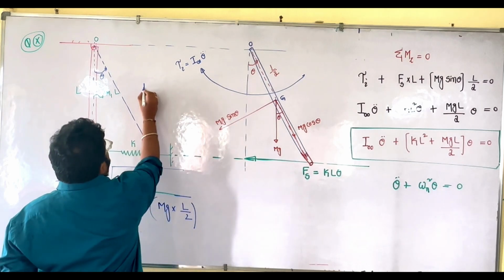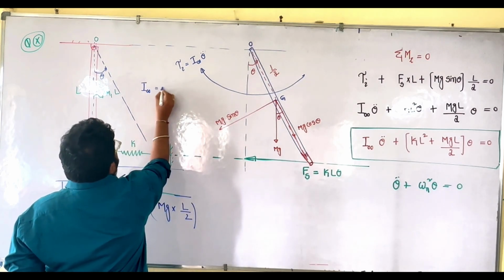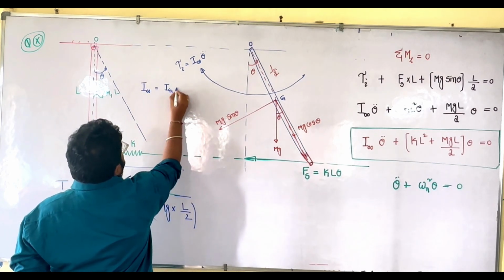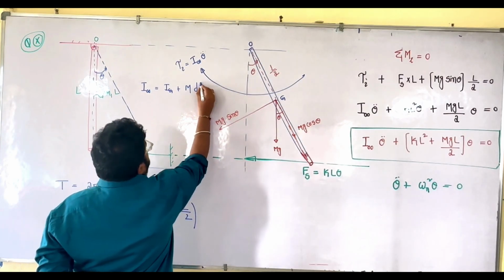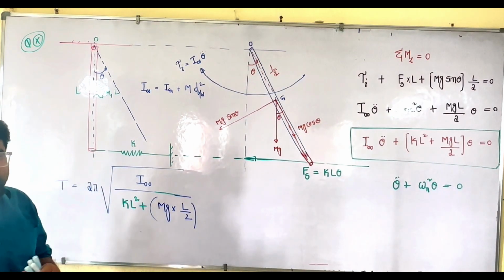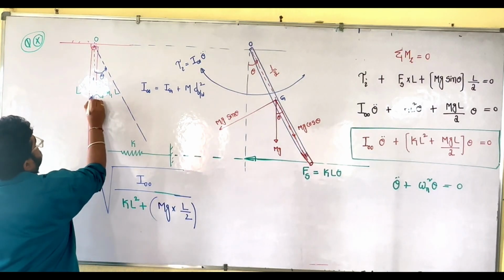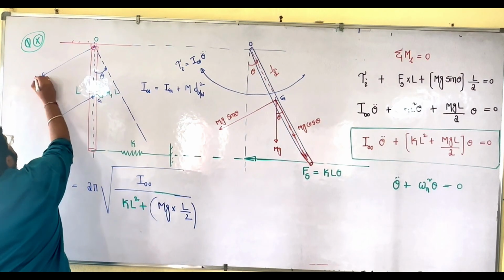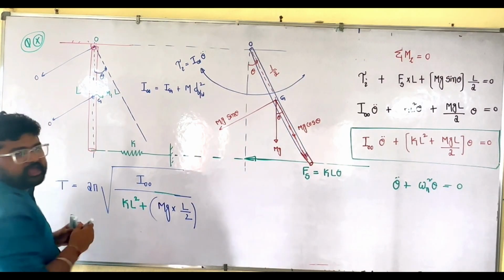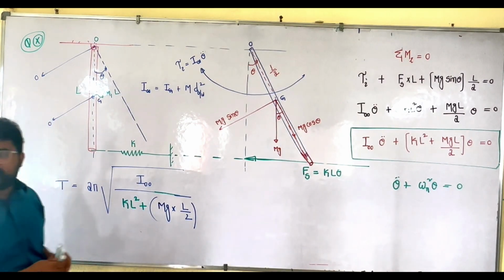What is I about O? Tell me. I about O is I_G plus m into the distance squared. What is the distance? This is G, this is O. I_G equals ml square by 12.